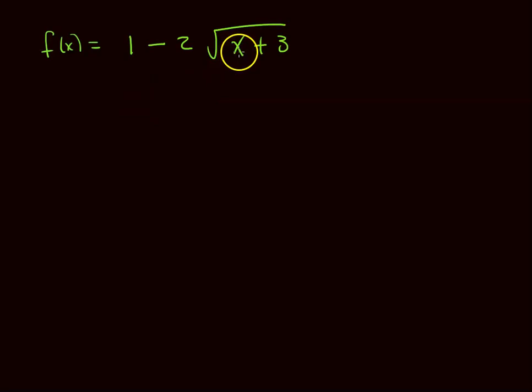This takes our function, square root of x, moves it to the left 3, flips it, because it's on the outside, over the x-axis, stretches it vertically, and moves it up 1. Because this is really a plus 1 out here, right? So let's see if we can do that.